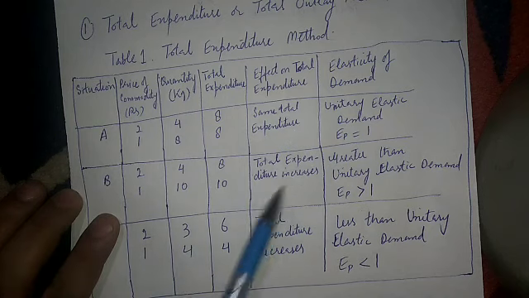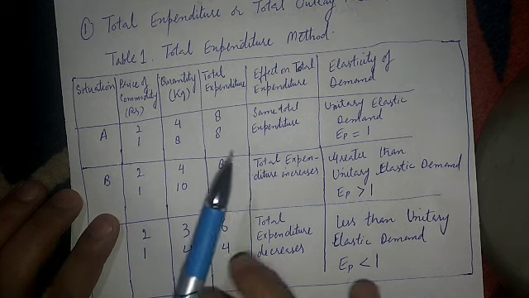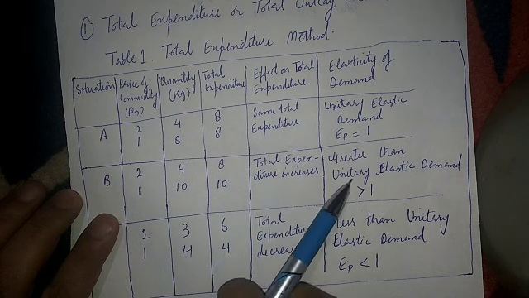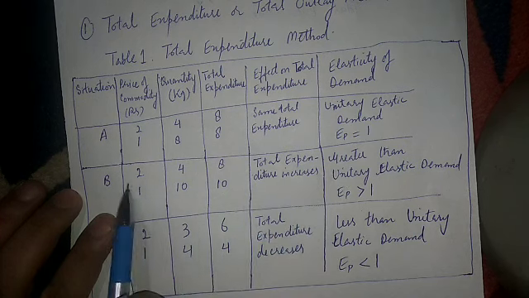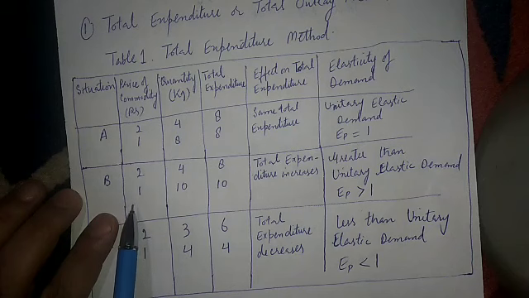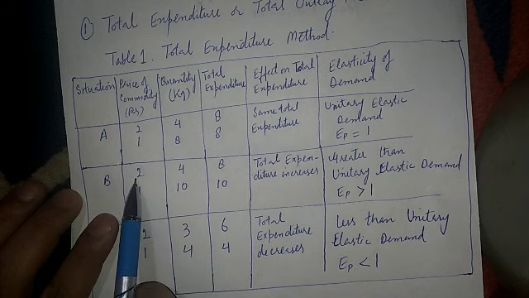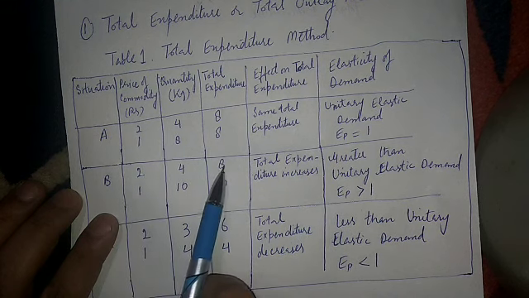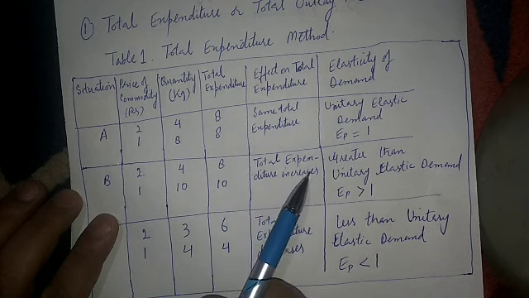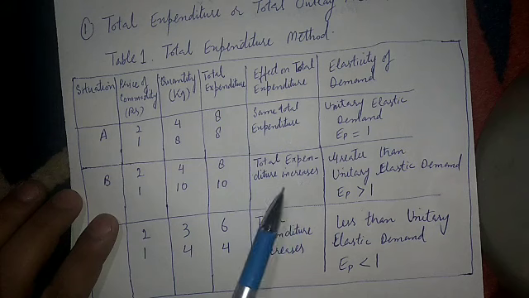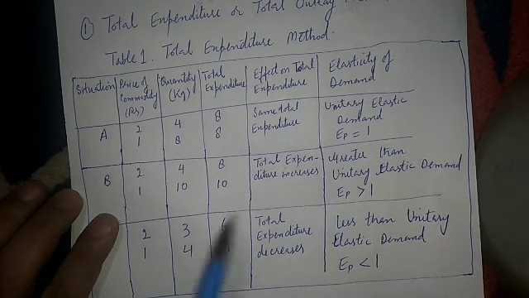That means if with the fall in price of the commodity total expenditure increases and with the rise in the price the total expenditure decreases, then the demand for that commodity is greater than unitary elastic.